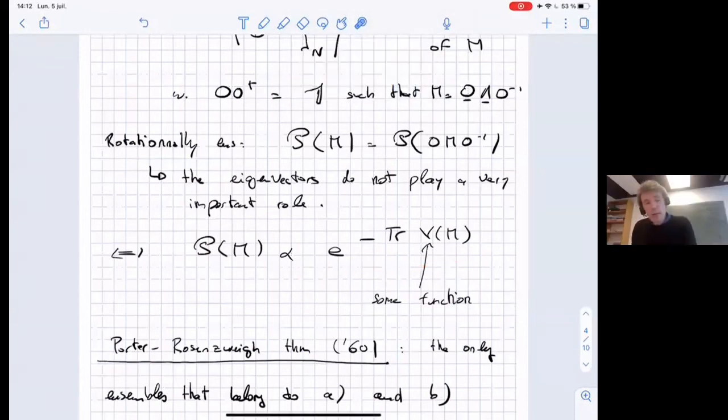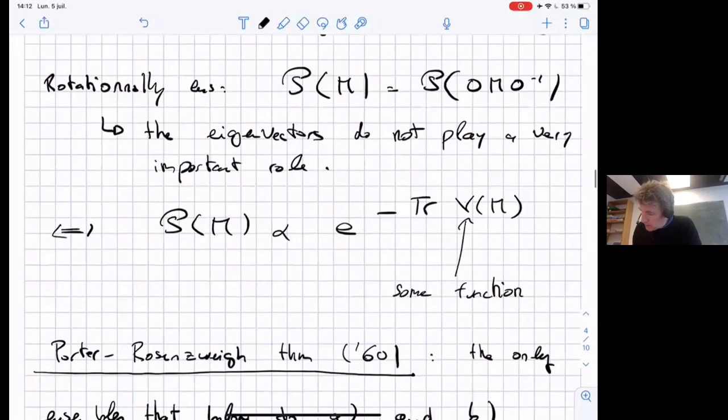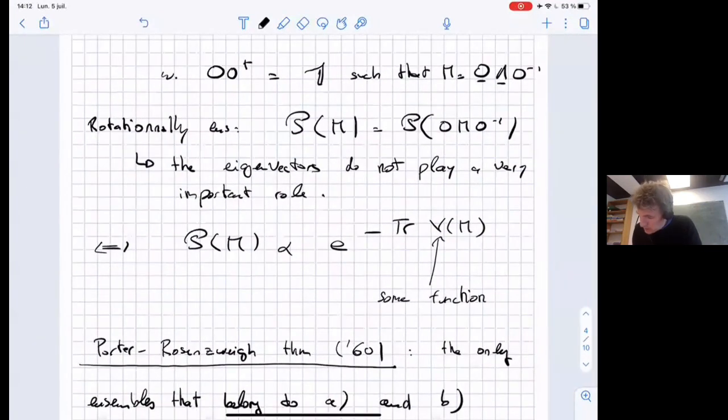If you look at this kind of model, the joint distribution of the eigenvalues, P of lambda i's, then you will typically have the van der Monde term, beta equals 1 or 2, whatever.